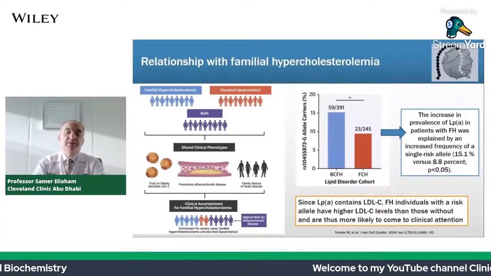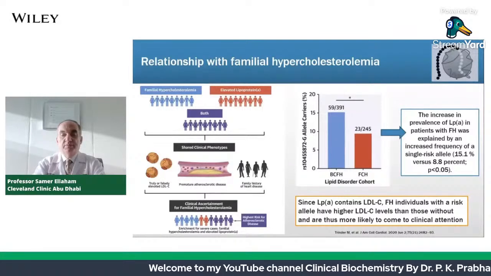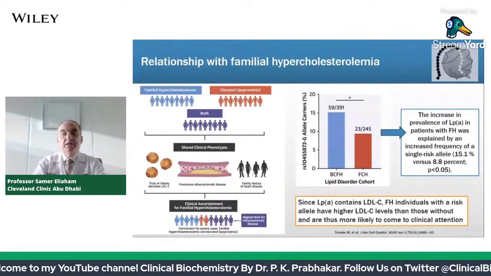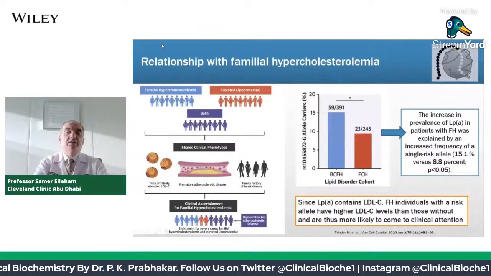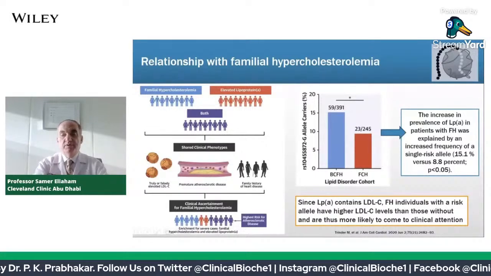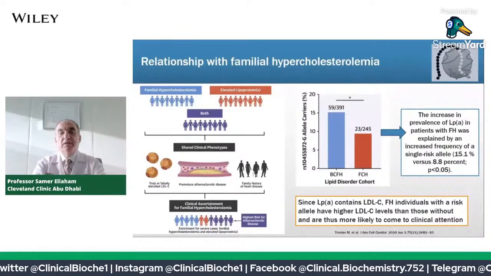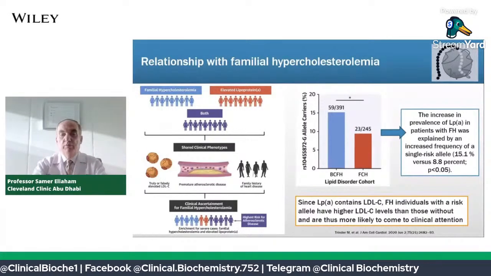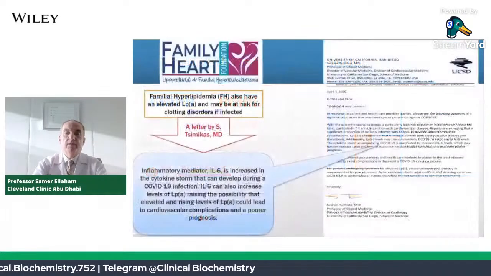So since Lp(a) contains LDL, individuals with familial hypercholesterolemia with a risk of this allele can even have more risk, and they need even more attention. And this was a relatively recent paper published in JACC. So again, just remember that the patient with familial hypercholesterolemia can have an elevated Lp(a), and both of them will increase the risk even more.